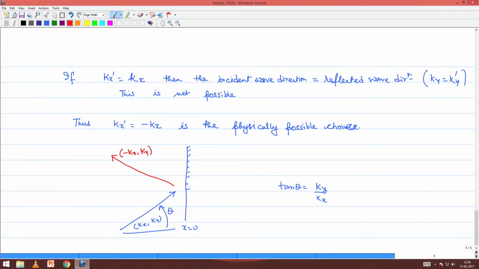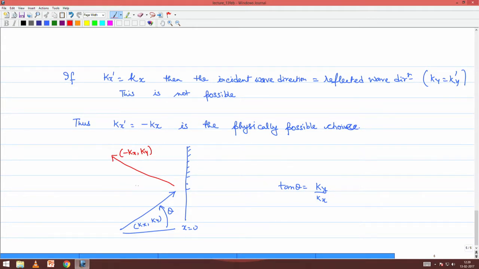So, the minus k x component associated with the reflected wave is denoting the fact that the wave number as a vector is aligned with the wave in reality, but the component of this wave number vector along the x axis is directed towards the negative x axis rather than towards the positive x axis, which is why it bears a negative sign, right.